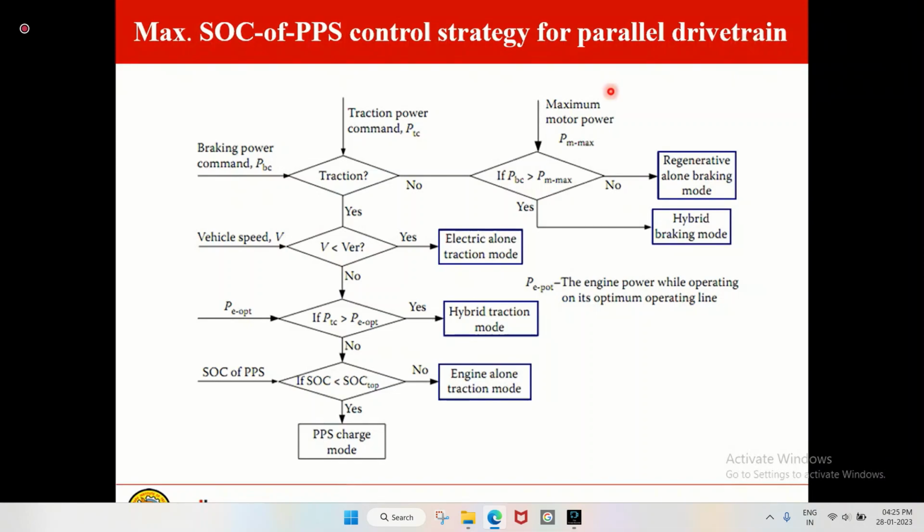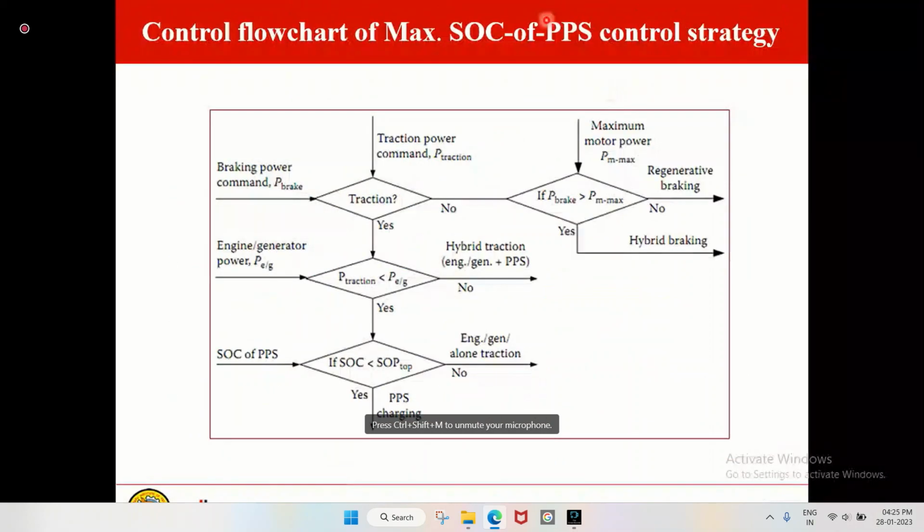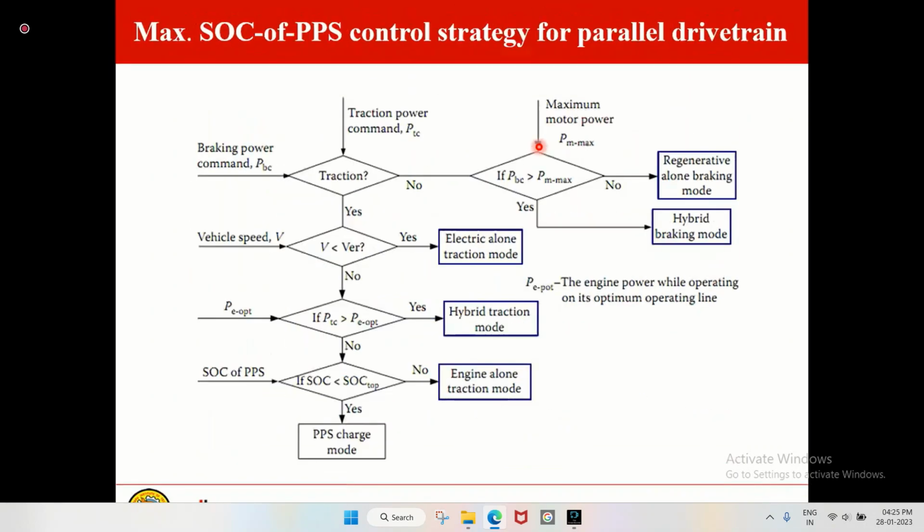The earlier one that I showed you was for series hybrid, wherein the engine is not directly taking up the road loads, it is not contributing to the road loads. But here in this case, it is the max SOC of PPS control strategy as applied to the parallel drivetrain.